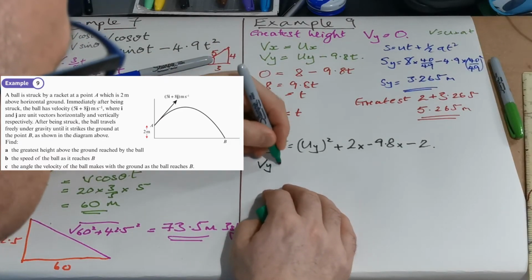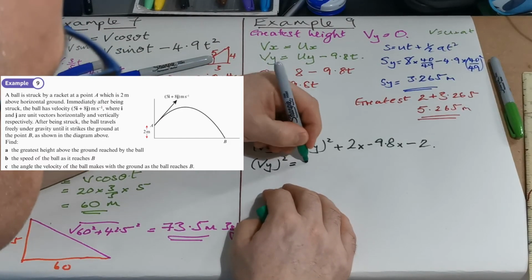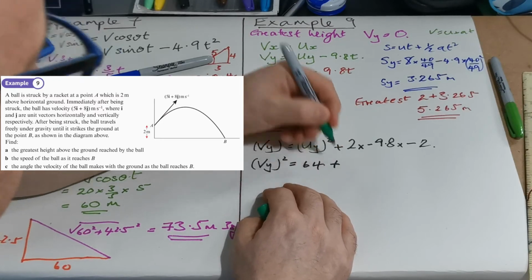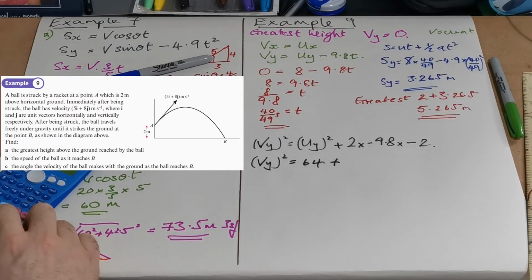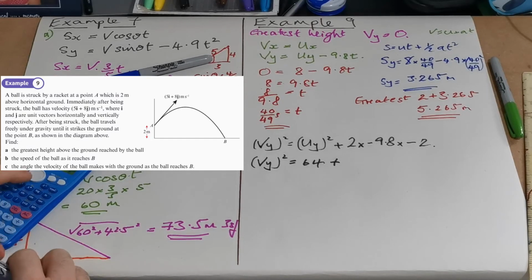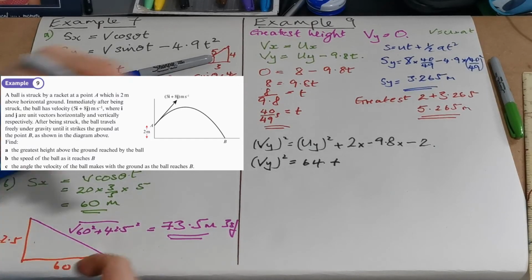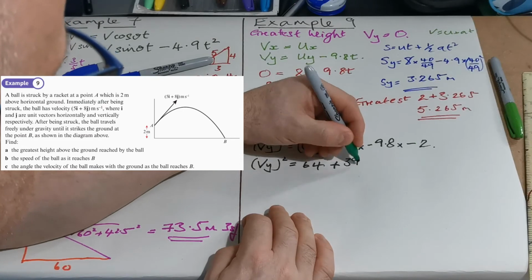So vy squared equals 64 plus 4 times 9.8, 39.2.